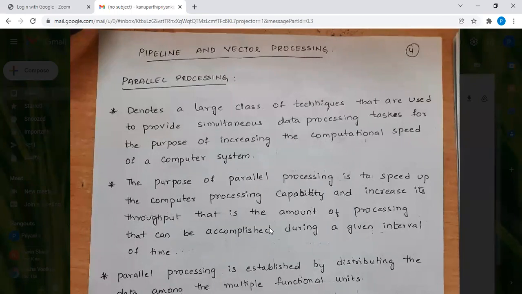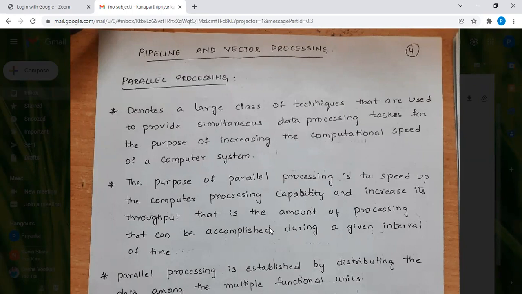Parallel processing is a term used to denote a large class of techniques that are used to provide simultaneous data processing tasks.